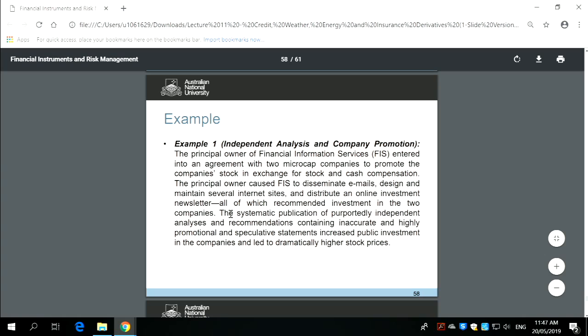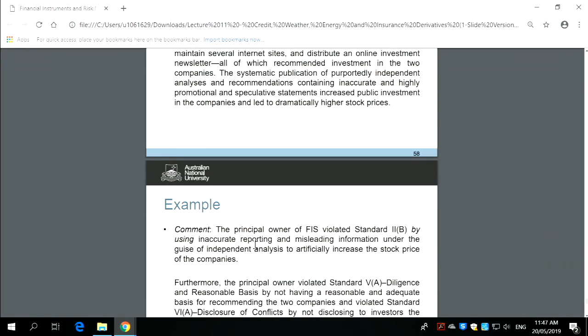So the systematic publication of purportedly independent analysis and recommendations contained inaccurate, highly promotional and highly speculative statements, which increased the public investment in those companies and led to dramatically higher stock prices.